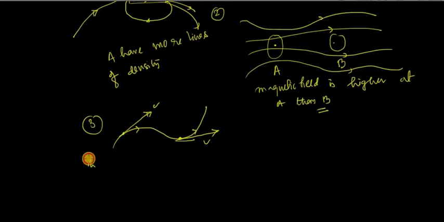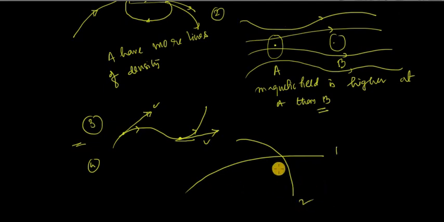The conclusion of this property 3 is: suppose we have two magnetic lines of force, this is 1, this is 2, and they intersect each other at this point. This could not happen. Why? Because if you draw a tangent at the point P, this is the tangent on curve 2, and this is the tangent on curve 1.